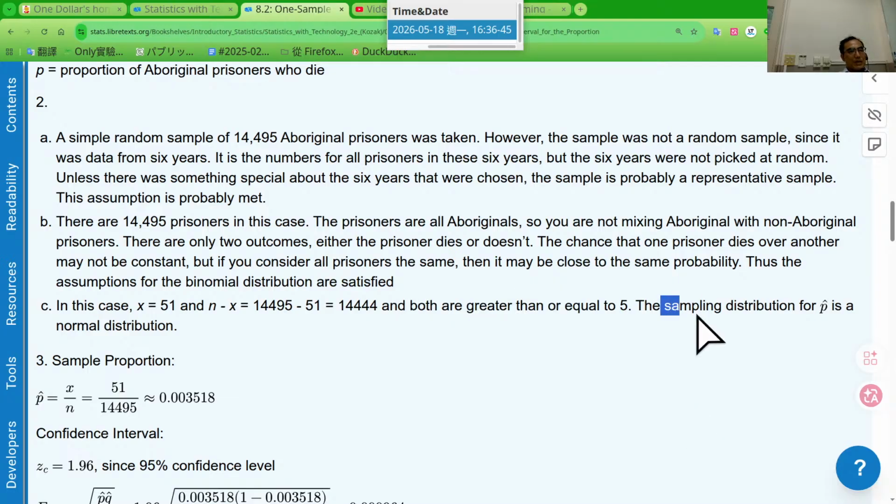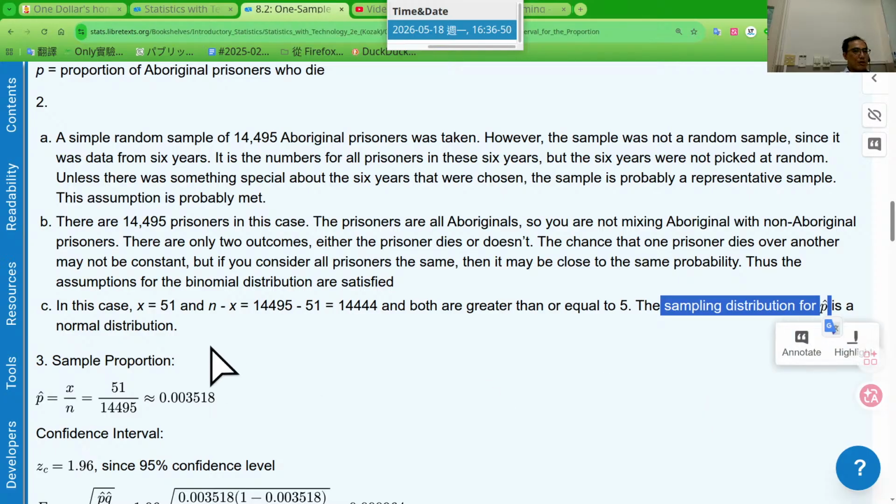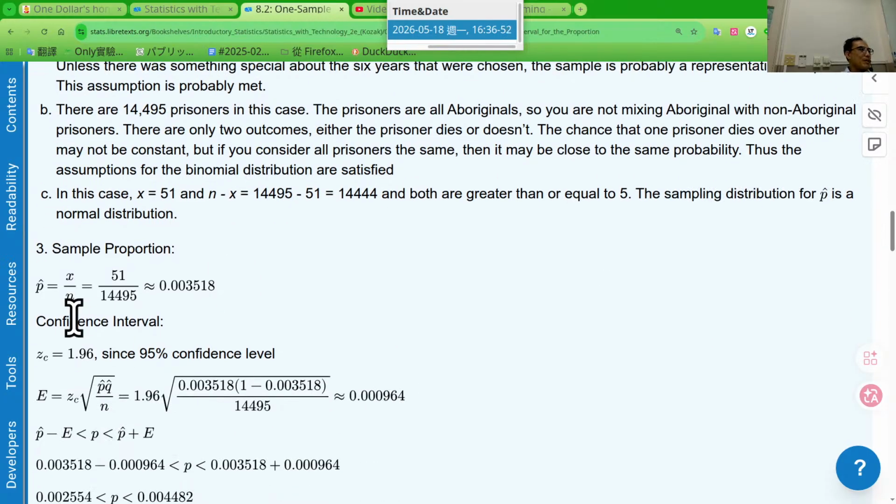The sampling distribution of p hat is a normal distribution, no problem. Then the sample proportion p hat is x over n: 51, the death cases, over the total number.